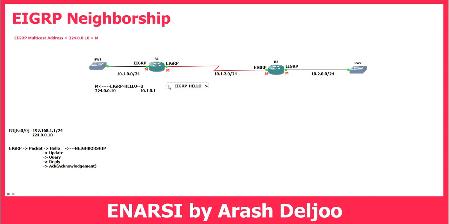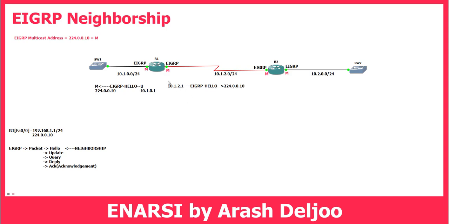Also, this EIGRP hello is sent from 10.1.2.1 to 224.0.0.10. You know that the source IP is unicast. Yes, I know that on this interface we have two IP addresses, unicast and multicast. Every time the source IP is unicast, and the destination IP can be unicast, multicast, or broadcast.